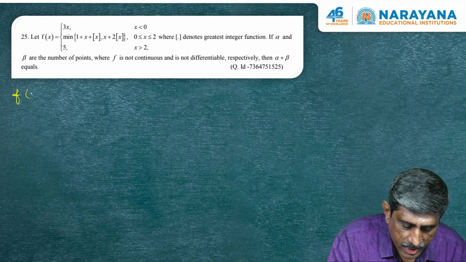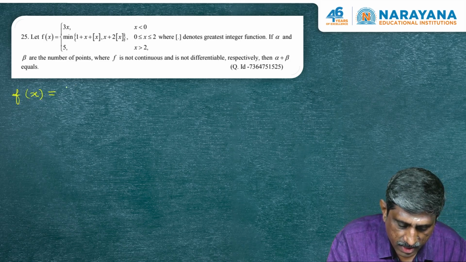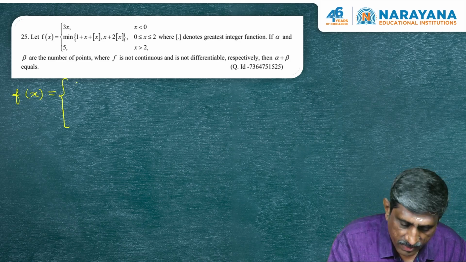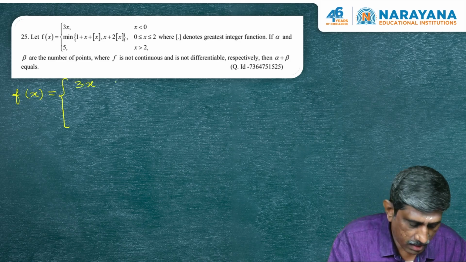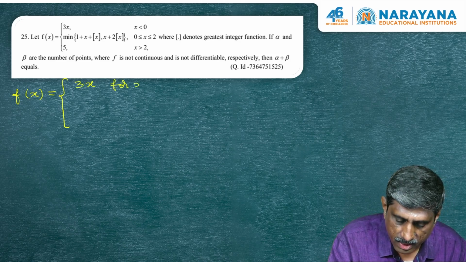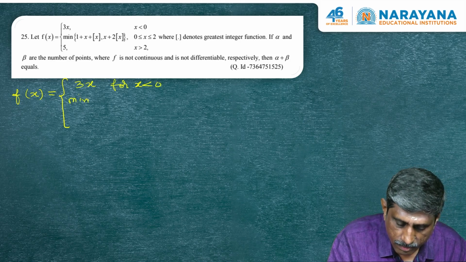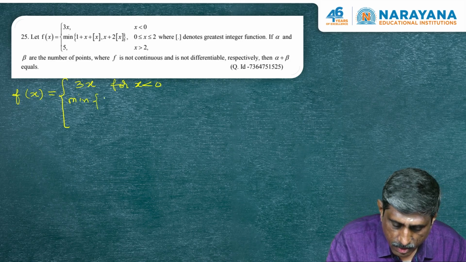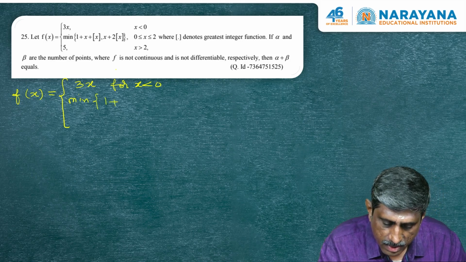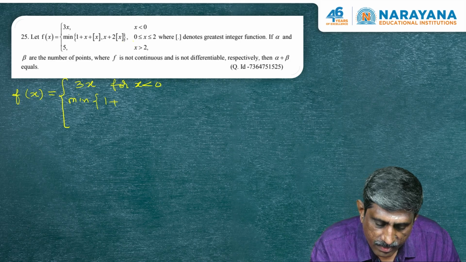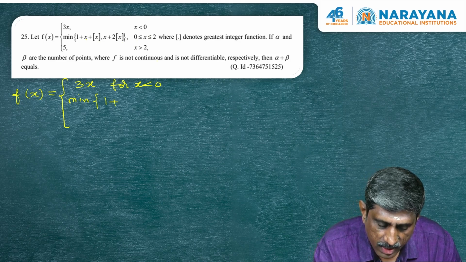So I can write the function f of x, removing the step x, as 3x for x less than 0, and minimum of 1 plus x into step x, I will write the value of x plus step x. Step x is 0 between 0 and 1, so I will take it as 0.